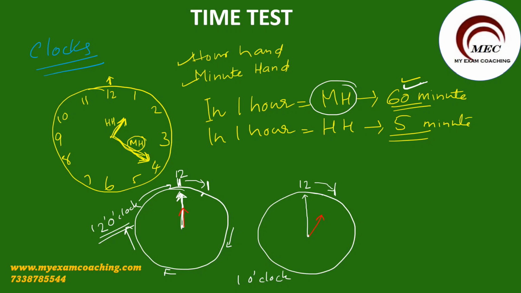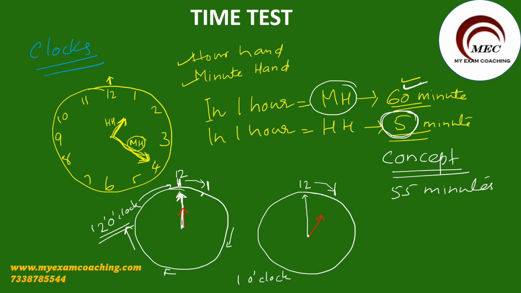That means it covers only 5 minutes. So, what is the main concept here? That is what I want to tell you. The main concept is the minute hand covers 55 minutes space over the hour hand in 1 hour. That means in 1 hour, the minute hand will overtake the hour hand by 55 minutes.